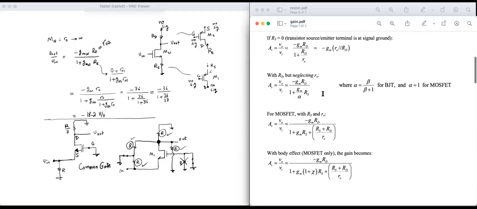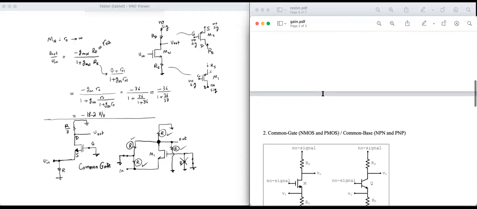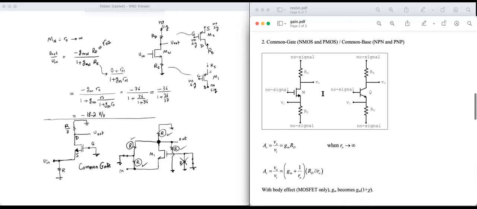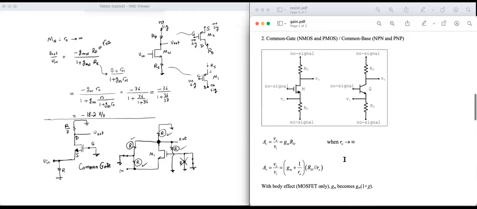I need to go to the common gate gain. Remember that the MOSFET has a long channel, and therefore its small RO is infinite. So that's it. That's the formula. Very simple. GM RD when small RO goes to infinity.